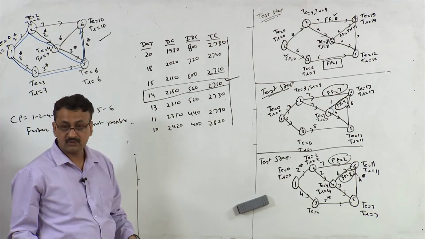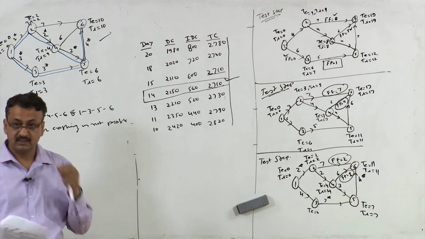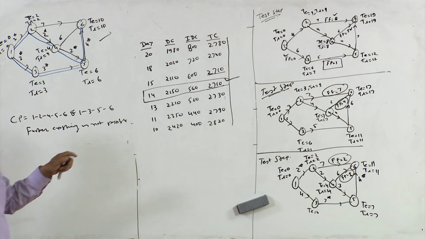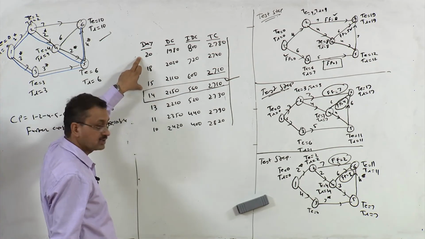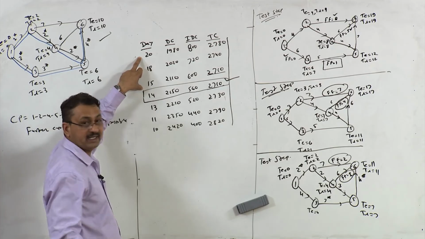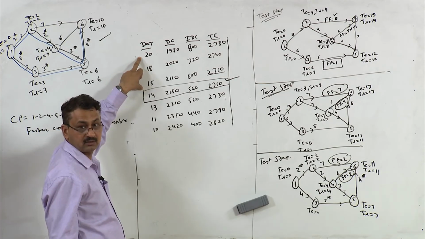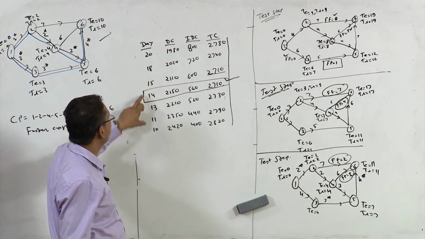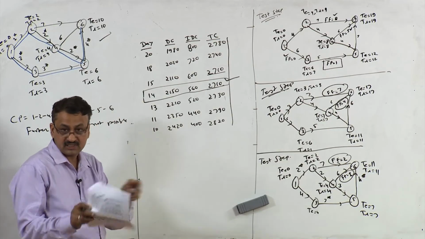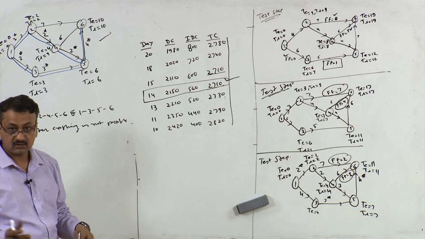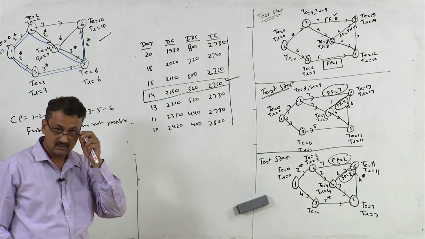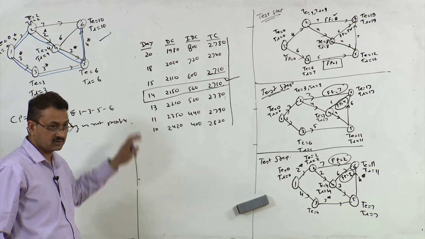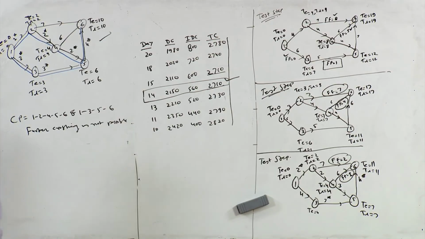In other words, the decrease in indirect cost is more up to this point than direct cost, and after this point things will change, right. The direct cost will increase more and indirect cost will decrease less. So the optimum solution is 14.